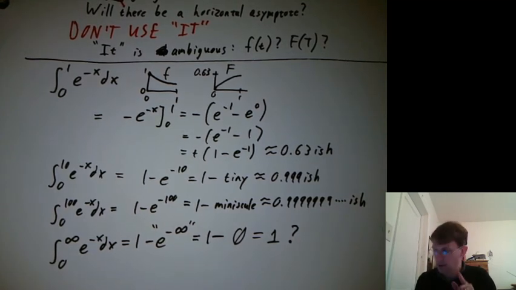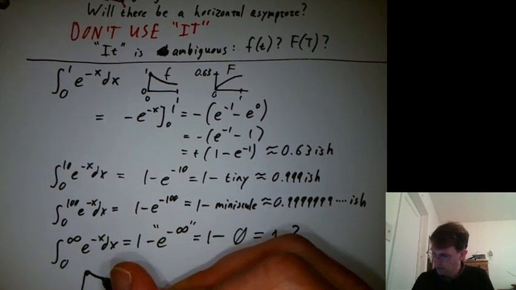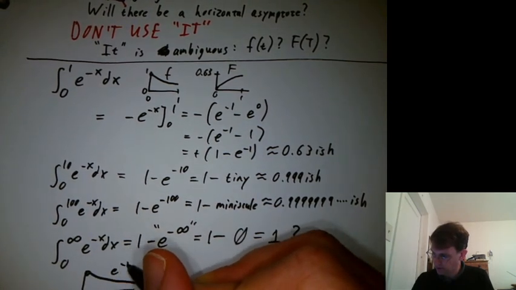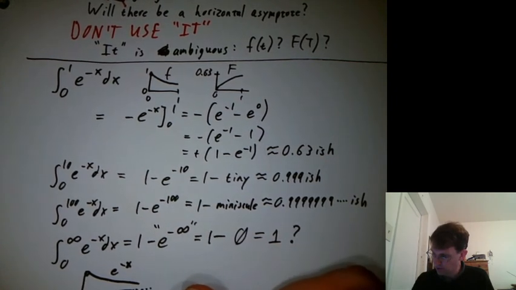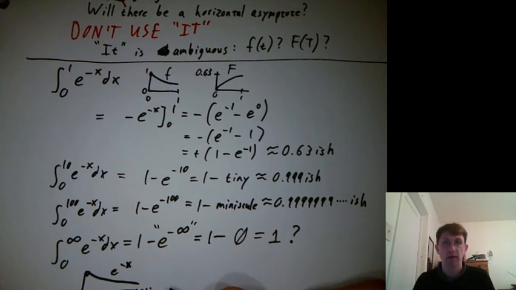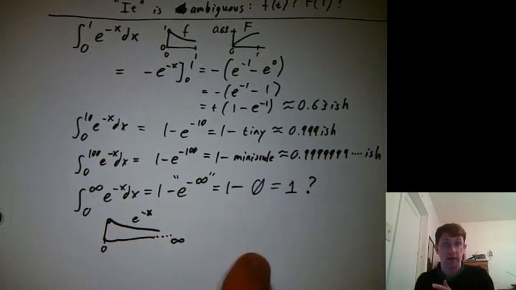So we're saying that the area under this curve, the e to the minus x curve, from 0 all the way out to infinity, we're saying that that area, even though it goes on forever, is a finite number, and it's actually just the number 1.